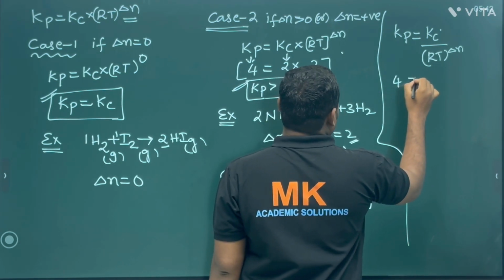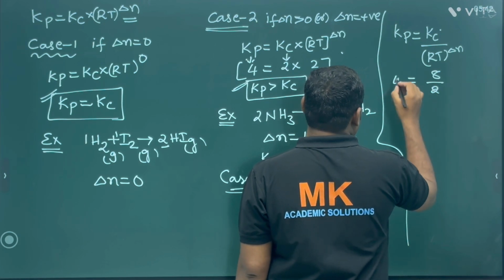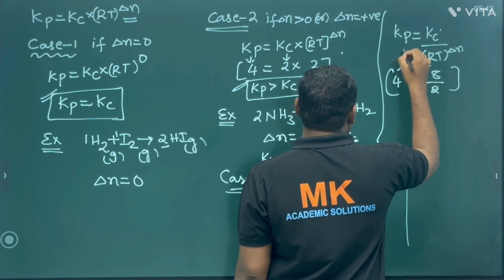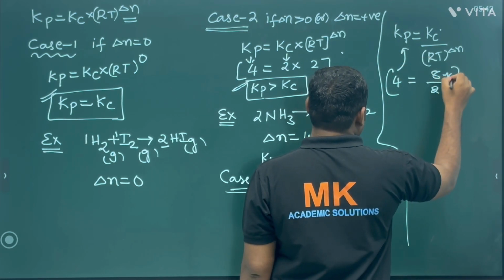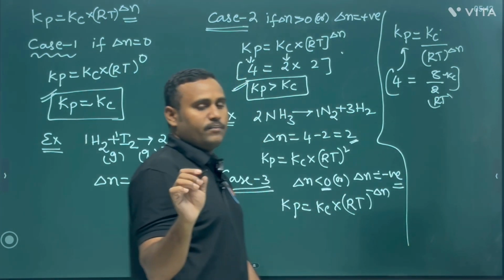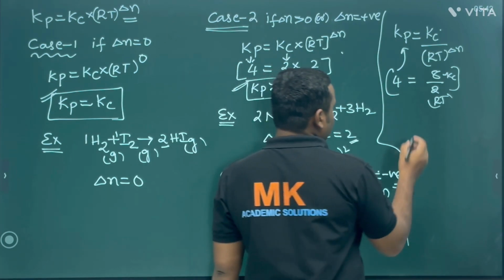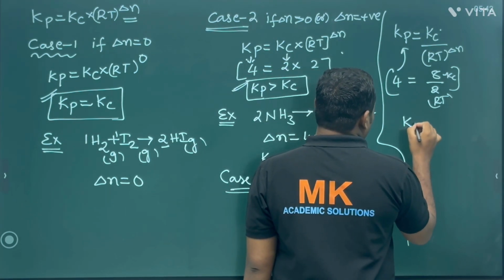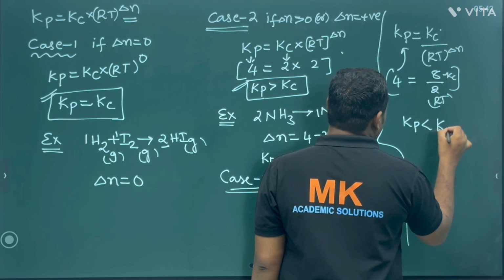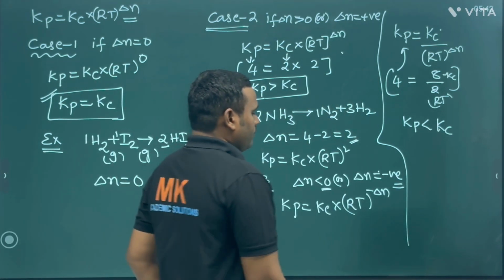Here 4 is equal to 8 by 2, which means you may consider this as the Kp, this as Kc, and this as RT. Just for example I am telling, to understand the relation between Kp and Kc. Therefore, here Kp is less than Kc.